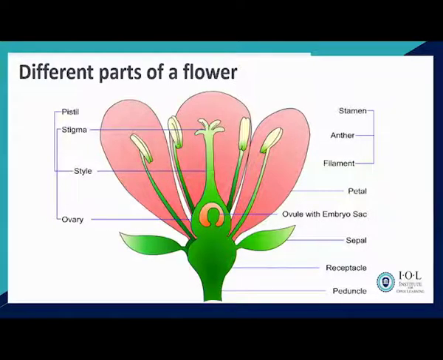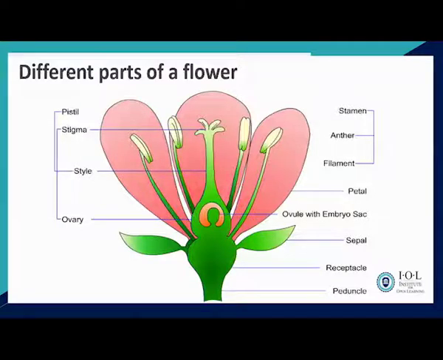And then you have the outer parts, which are the sepals, and then that is being raised up there by the receptacle, and the part that holds it up there is the peduncle. So the green parts of the flower are the sepal, receptacle, and then the peduncle that holds it up there.